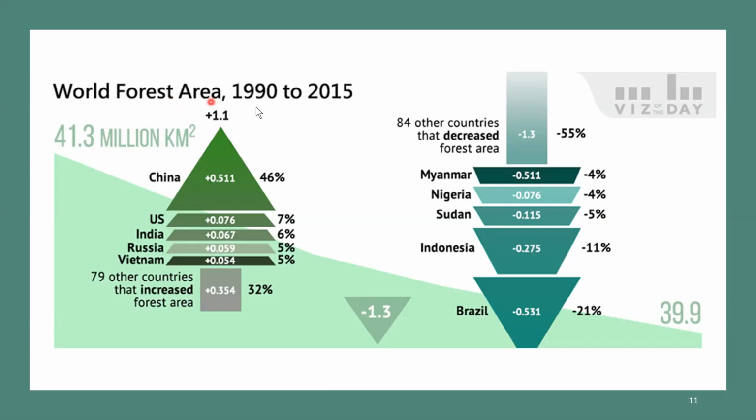So this is a dual impact on the atmosphere. World forest area from 1990 to 2015, if we just compare that, it's only 25 years, 41.3 million square kilometers were reduced to 39.9 million square kilometers. So minus 1.3 million square kilometers.